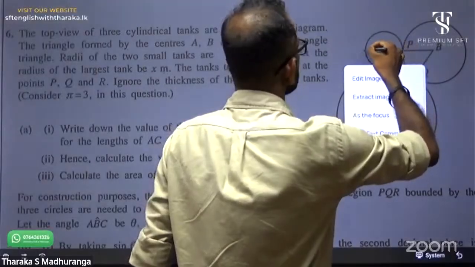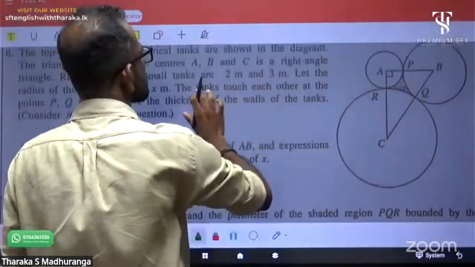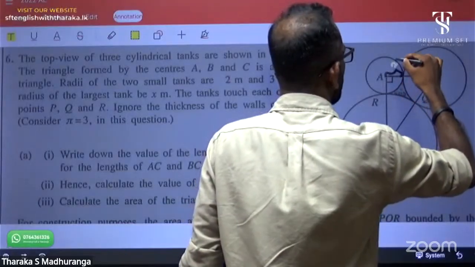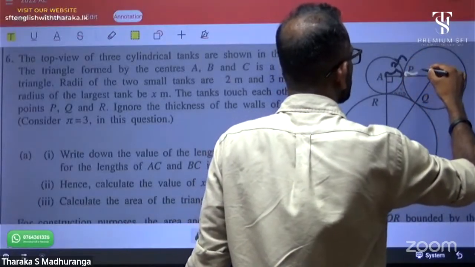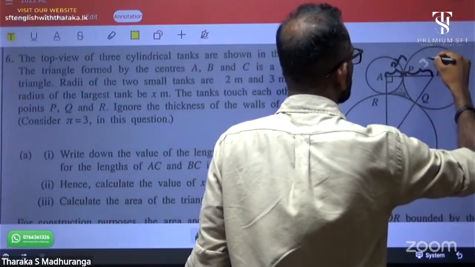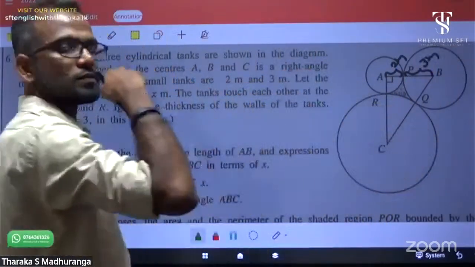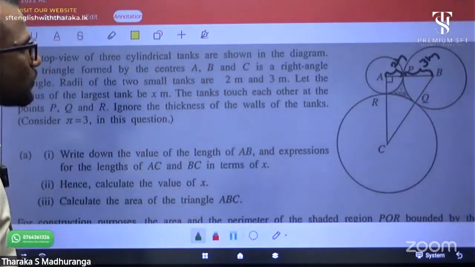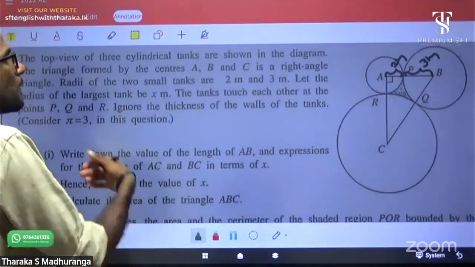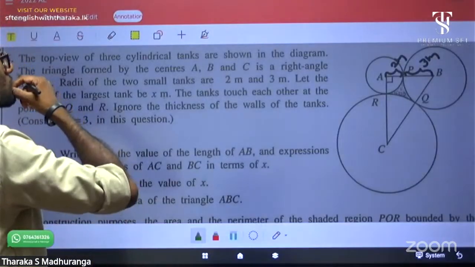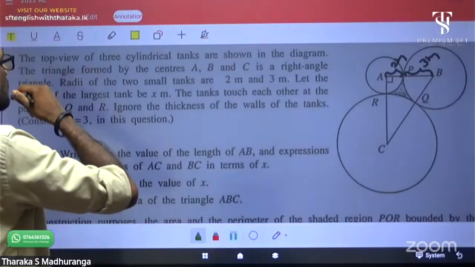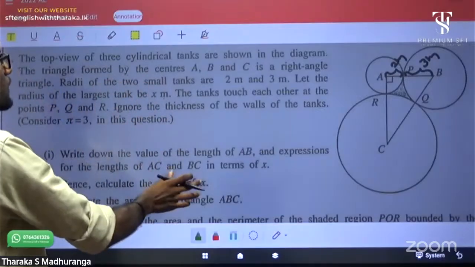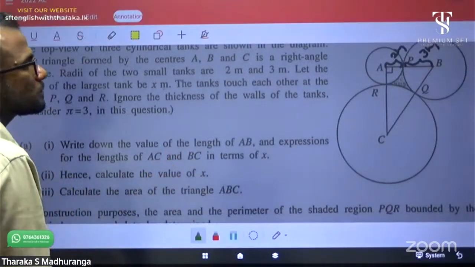This one 2 meters, and this is 3 meters. That means P to B is 3 meters radius, no? Then A to B is total 5 meters. Let the radius of the largest tank be x meter.